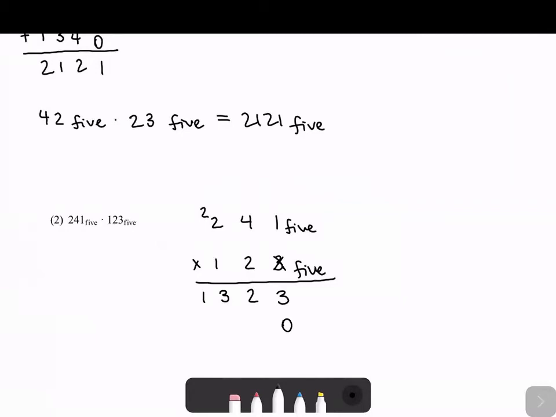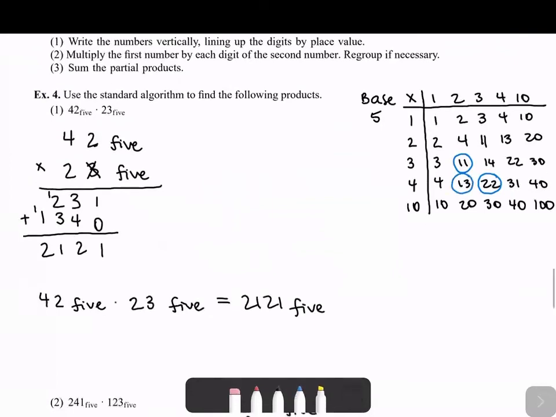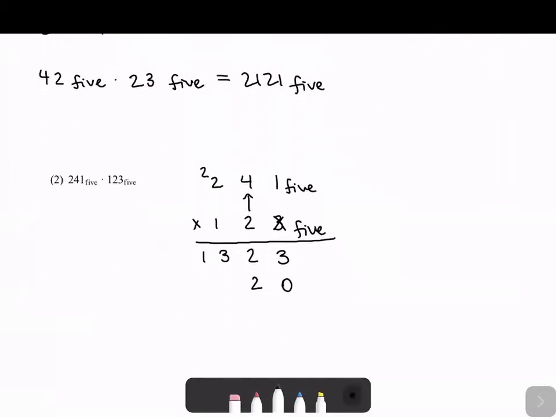Okay, so now this 2 times 1 is just 2. Simple and easy. 2 times 4, if we go back up, looks like 1, 3. So we're going to put a 3 down and carry the 1 and erase this carrying from before.